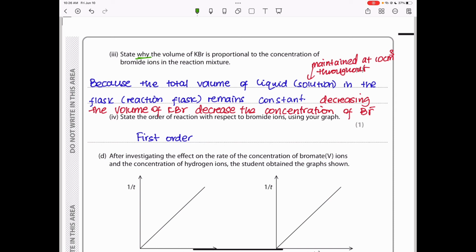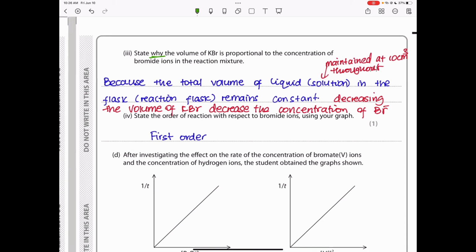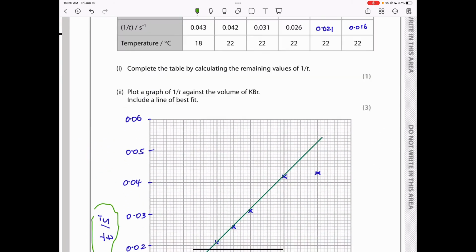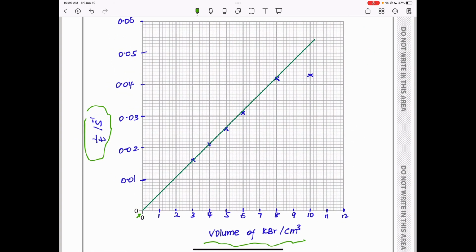And then next it says state the order of reaction with respect to the bromide ions using your graph. When we look at the graph, again, a straight line. Remember, this is a rate over, I would say this is volume, but of course it's going to be concentration. Rate over concentration graph, if it goes through the origin like that, that is going to be first order. If it goes like this, it's going to be zero order.